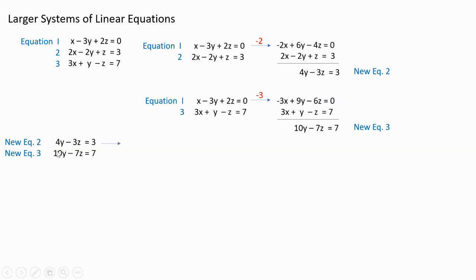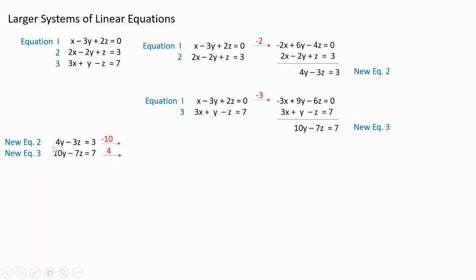Okay, but for now, just keep it simple like this. Now here, guys, I'm going to multiply equation 2 by negative 10 and equation 3 by 4. I know that the least common multiple of both is going to be 20, right? Because 4 goes into 20 and so does 10. But some students don't know that 20 is the least common multiple of both. That's why I always tell them to multiply one equation by the other, using the coefficients of both.